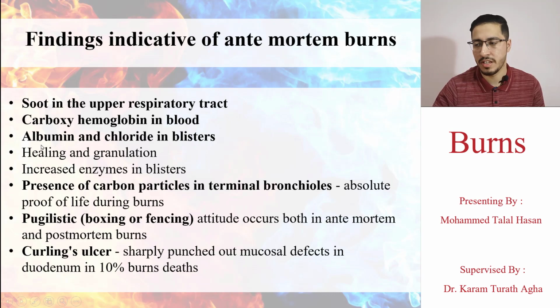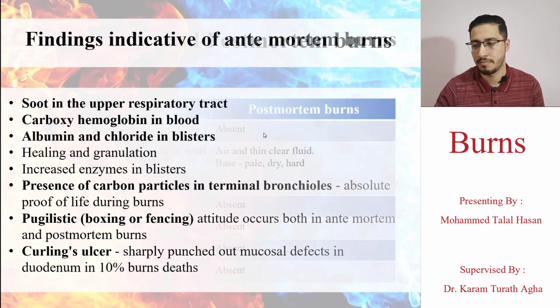The findings in the ante-mortem burns: we can see the soot in the upper respiratory tract, carboxyhemoglobin in the blood, albumin and chloride in blisters, healing and granulation tissues, increased enzyme in the blister, presence of carbon particles in the terminal bronchioles, the pugilistic attitude, and the curling ulcer also we can see.